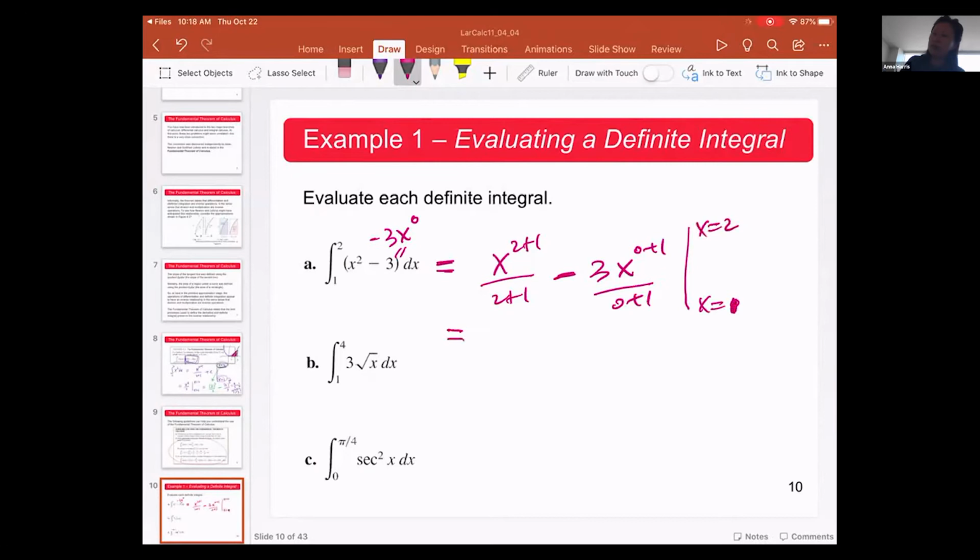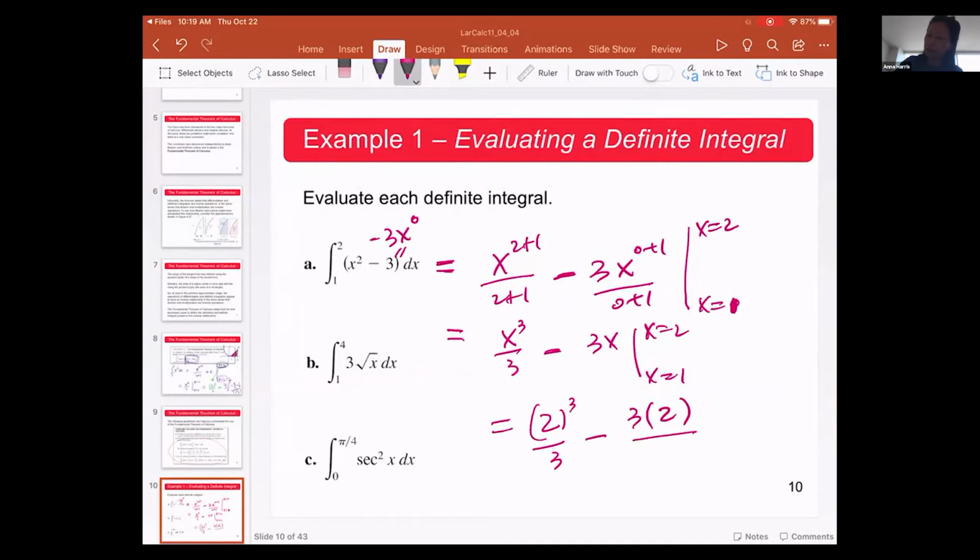I can simplify this: that's the same as x cubed over 3 minus 3x, evaluated from 1 to 2. So that's 2 to the third divided by 3 minus 3 times 2. That's my upper bound.